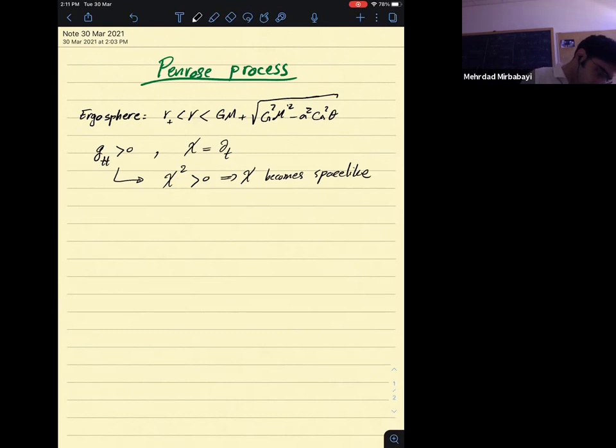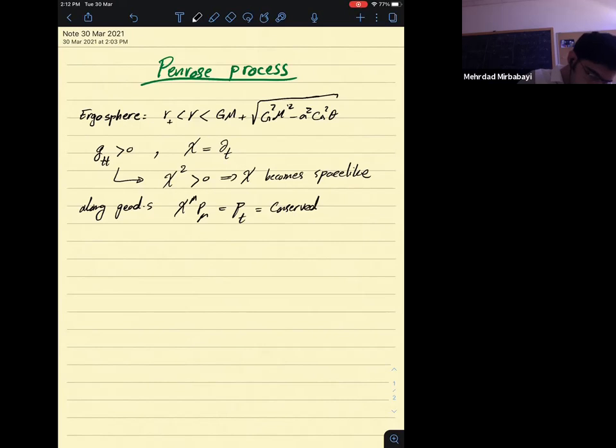And so we would say that if you have geodesics, along geodesics chi^mu p_mu, which we can also call p_t, is conserved.